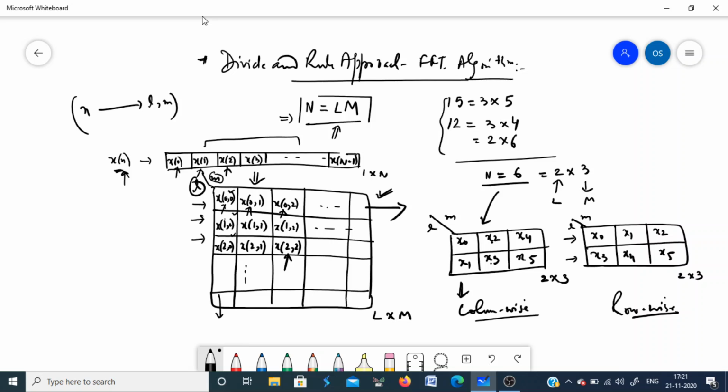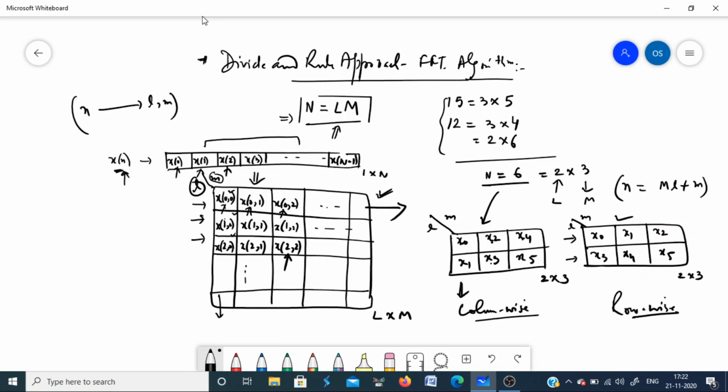Now if you use a row wise mapping, what will be the relation between n and l, m? For this case, it will simply be n is equal to Ml plus m.